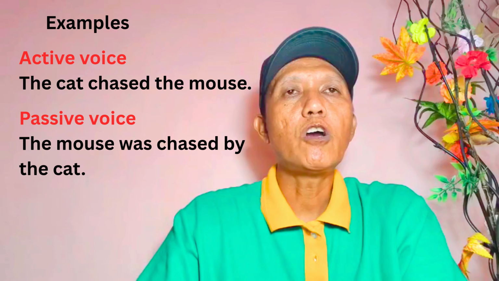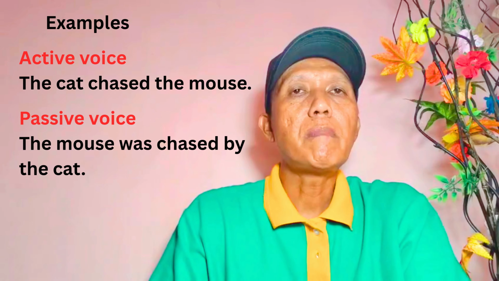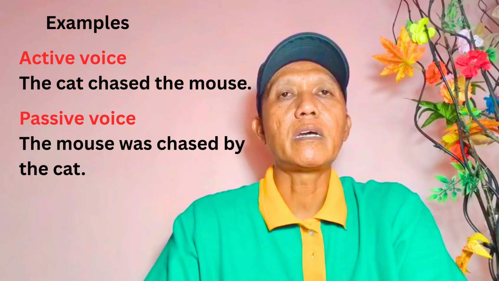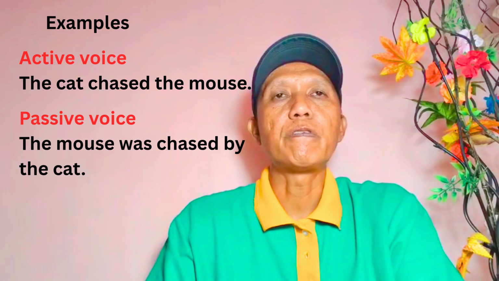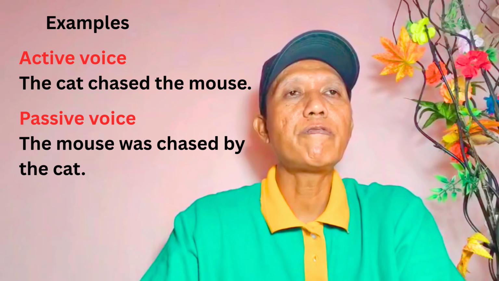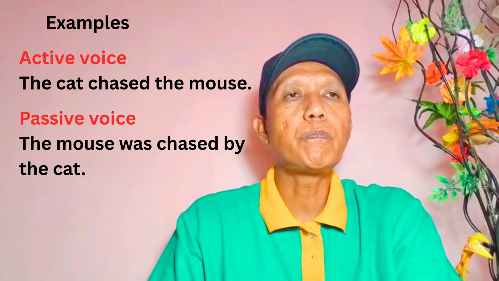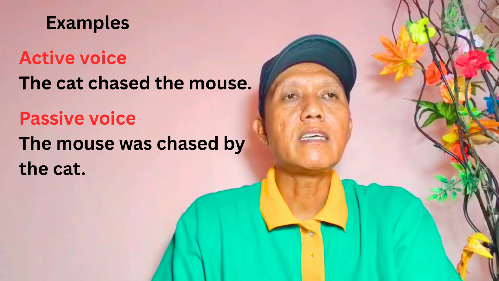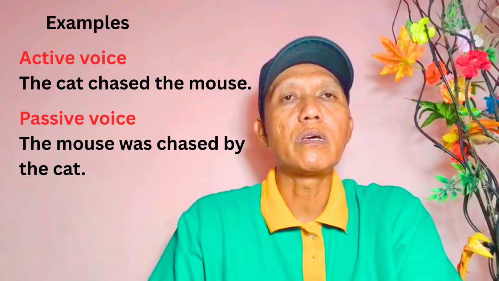We move the object, the mouse, into the subject of the passive, and afterward we add the to be verb was, because the tense is past simple and the subject is third person singular.